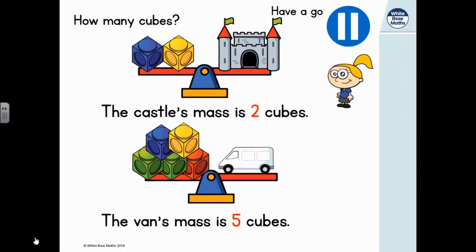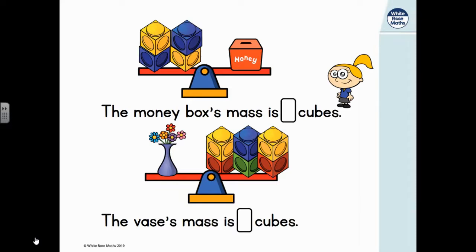Eva is looking for heavy things to help balance her scale. Do you think she needs the castle or the van? That's right. She can use the van. The van is heavier.